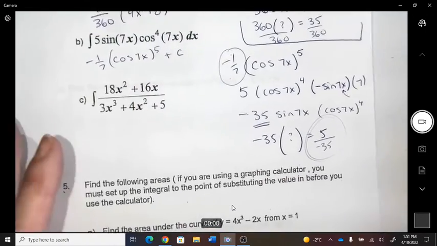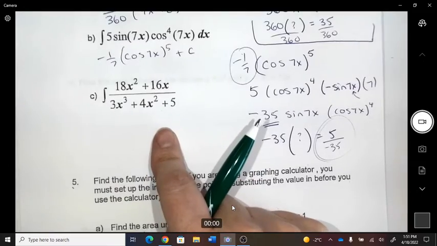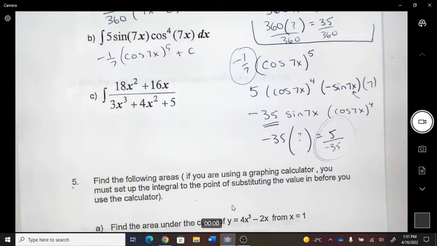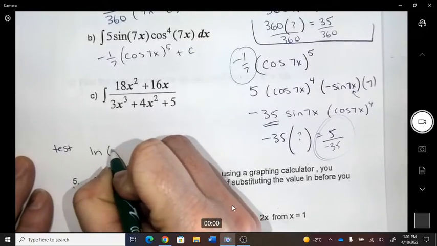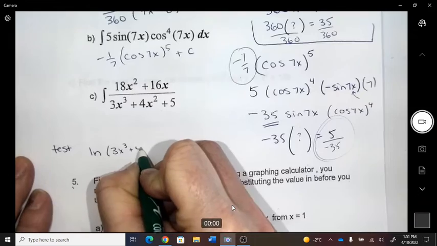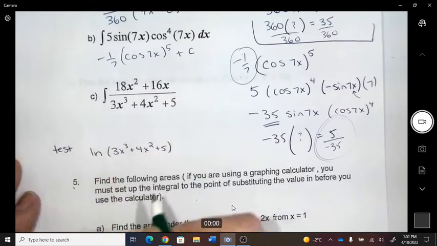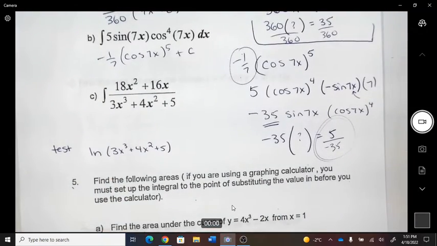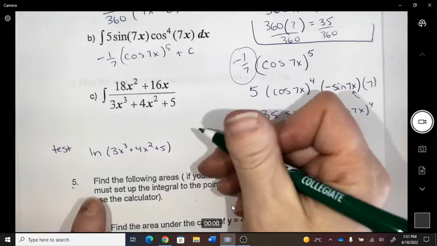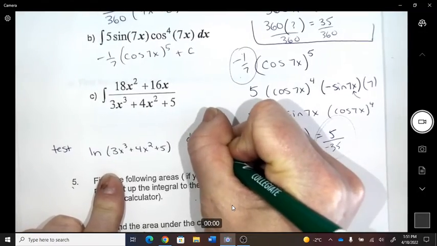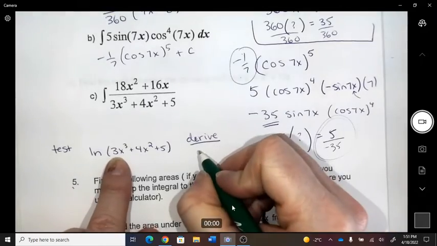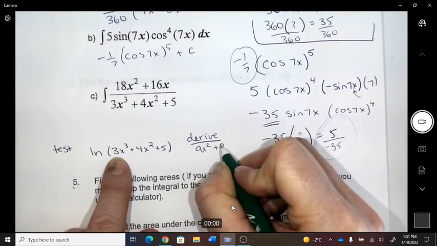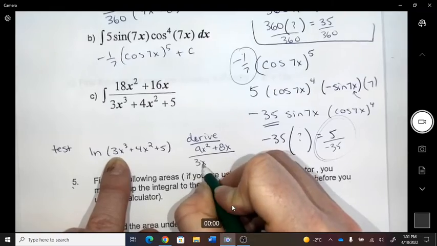Okay, and C, you're going to recognize this as an ln. So we're going to test the ln of u. We're going to test that. The ln of u. Okay, so if I derive it, I get u prime, so 9x squared plus 8x over u.